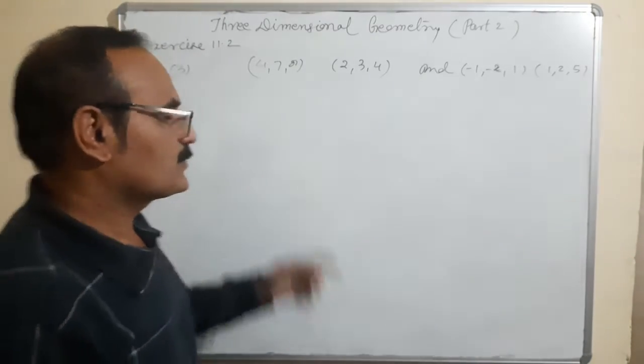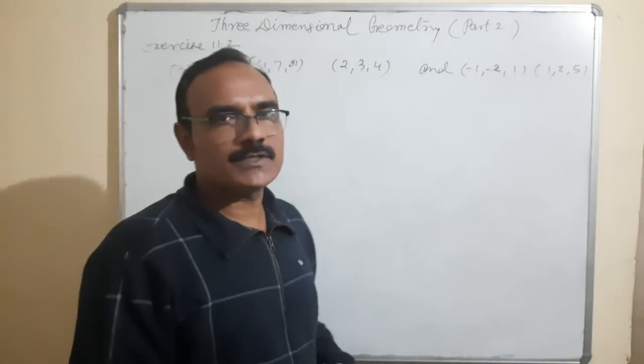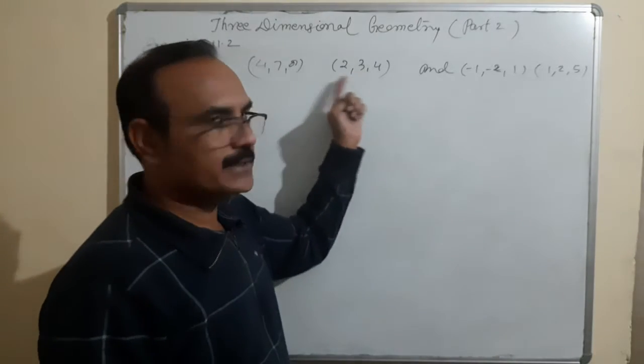For finding parallelism or perpendicularity, what should be done? We have to find the direction ratios of the line.